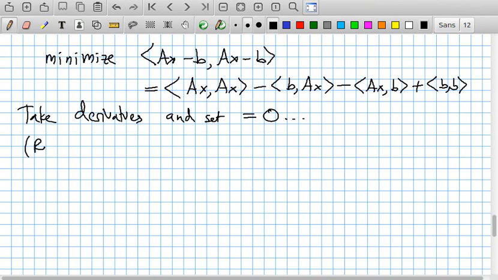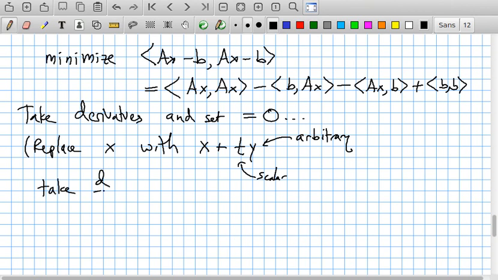Let's replace x with x plus ty. This is a scalar. This y is arbitrary. And we're going to take a derivative, d by dt, and we're going to evaluate at t equals 0.